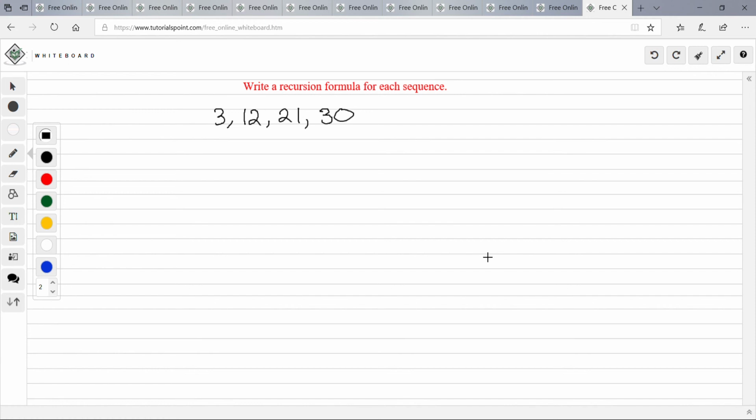Write a recursion formula for each sequence. Sorry, I'm looking at my notes. So we have 3, 12, 21, so this is A1, A2, A3.